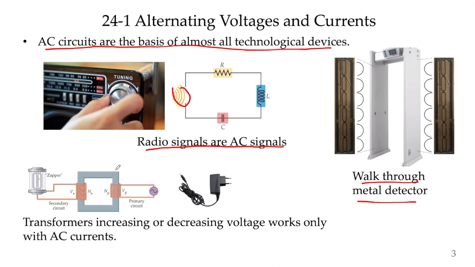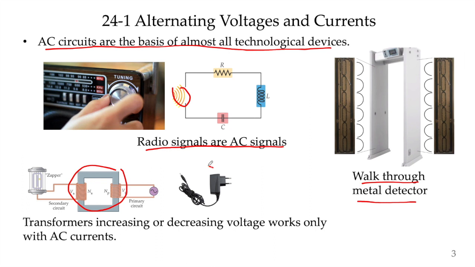The other thing is we learned in the previous lecture, the transformers, they basically increase or decrease the voltage or the current. For example, if your cell phone is working with, let's say, 4 volts, and if you want to charge it, you cannot directly connect it to the wall socket because it's 220 volts.